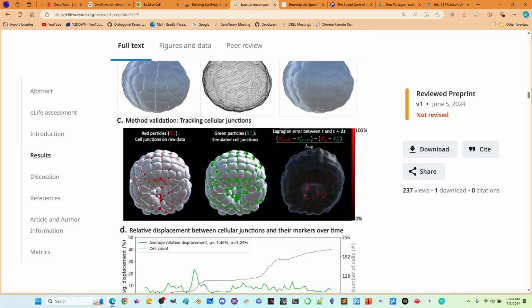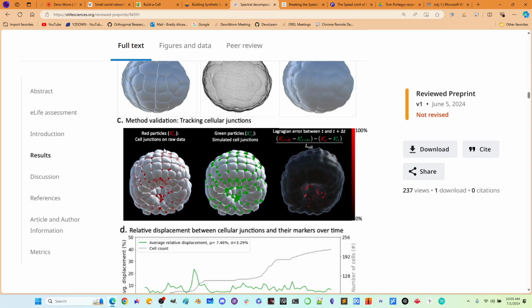Here they have the cell junctions from raw data. They plot this on the mesh, so they're able to measure the cell junctions using these strain fields and apply this to the mesh. Then you have these simulated cell junctions, so you can both take things from raw data and simulate cell junctions, and then find the Lagrangian error between these two components.